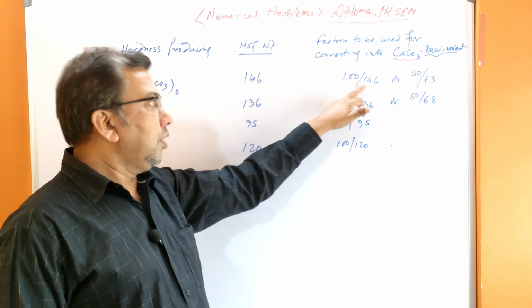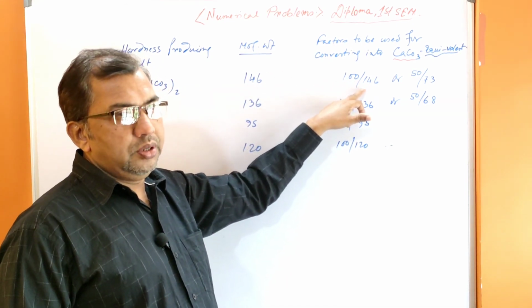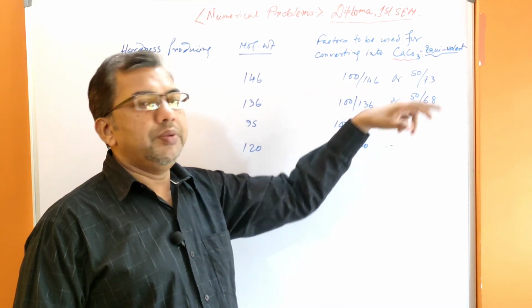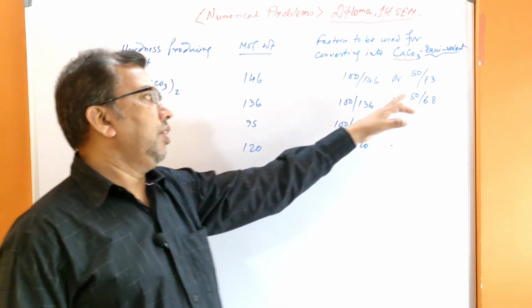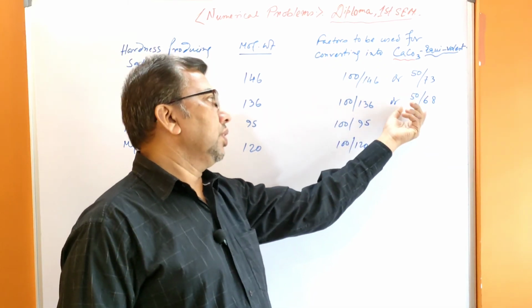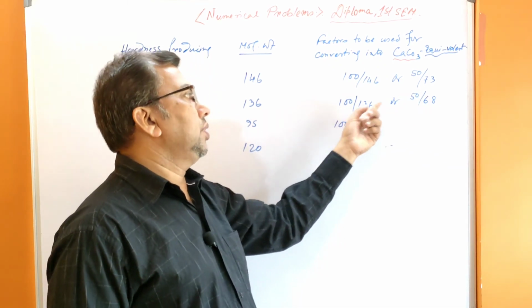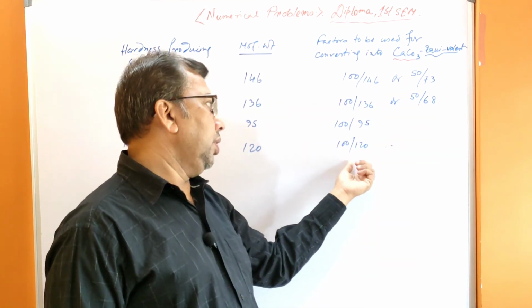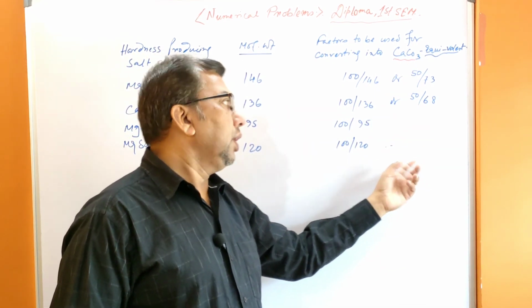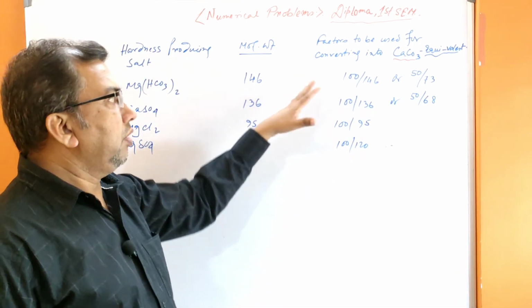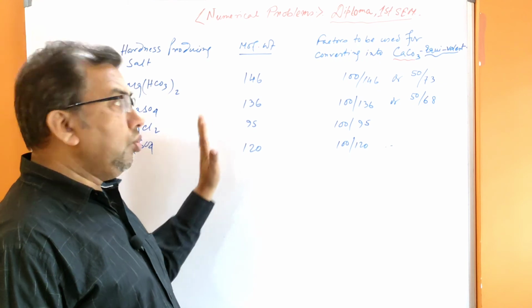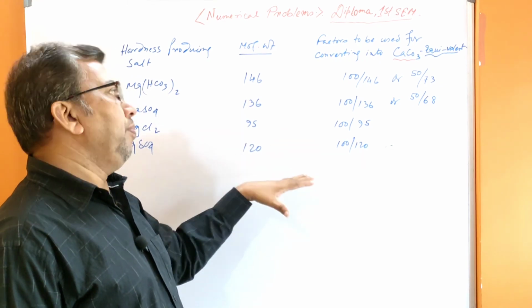You might get 100 by 146 or 50 by 73; you can simplify it. In some cases 100 by 136 or 50 by 68, same thing. 100 by 120, 50 by 60. This is the conversion factor you can use during your numerical problems. So remember it, it is important.